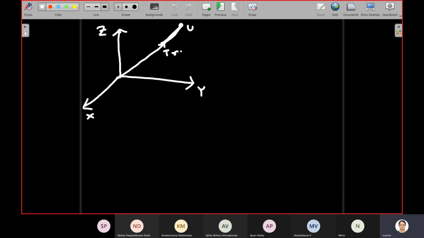We know this vector, but we have resolved it in the NED frame.